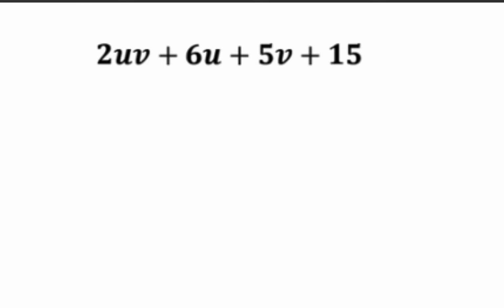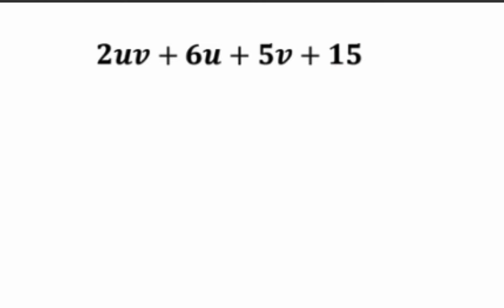if I try to factor out the same exact factor from every single term, I'm not going to be able to do that. These first two have a 2 and a u in common. I can divide a 2 out of 2 and 6 and a u out of both terms. If I try to come to these last two terms, I cannot divide a 2 out of 5 evenly or out of 15.